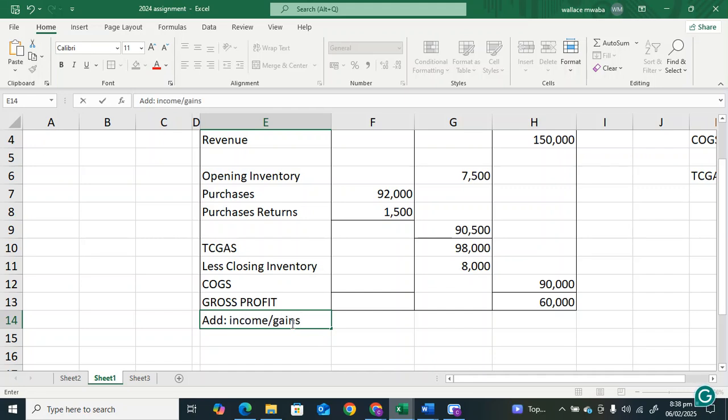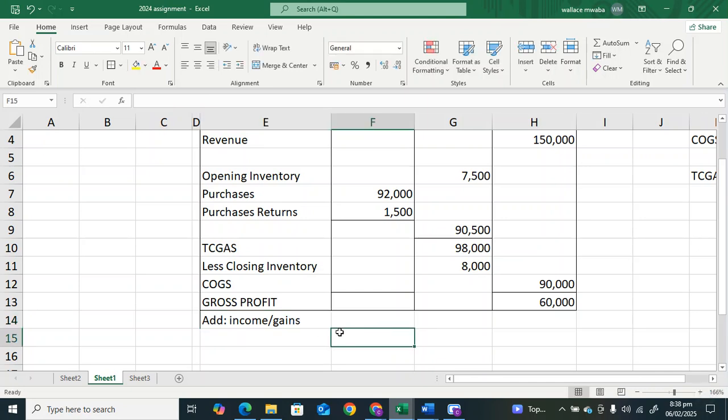All right. So if you remember our allowance for receivables, remember the adjustment we made? Our allowance for receivables at the beginning was 250 kwacha. That's what we expected not to get from our receivables. Then at the end of the year, it went down to 150 kwacha. So that decrease in our allowance for receivables will be added to the gross profit.